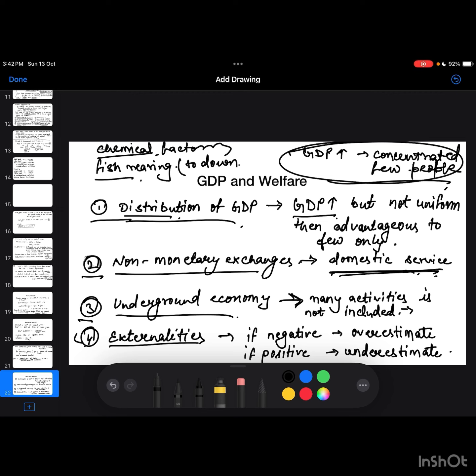So if there is negative externality, then there will be overestimation, and if positive, then there will be underestimation of the GDP value. Now how does negative externality give the overestimation of GDP as a measure of welfare?